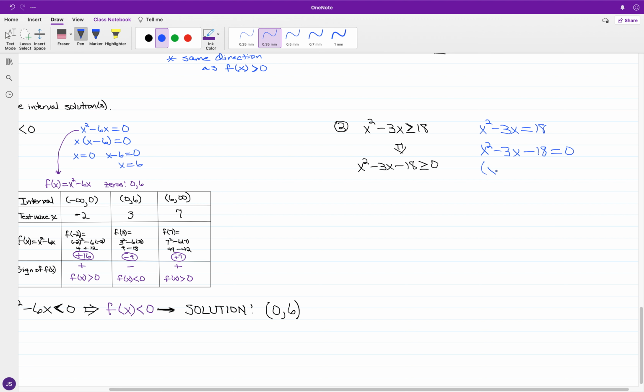And we have in factoring the quantity of x plus 3 times that of x minus 6 is equal to 0. Okay. So for the values of interest, we're going to have at -3 and positive 6. Okay, so just kind of taking what we have here.